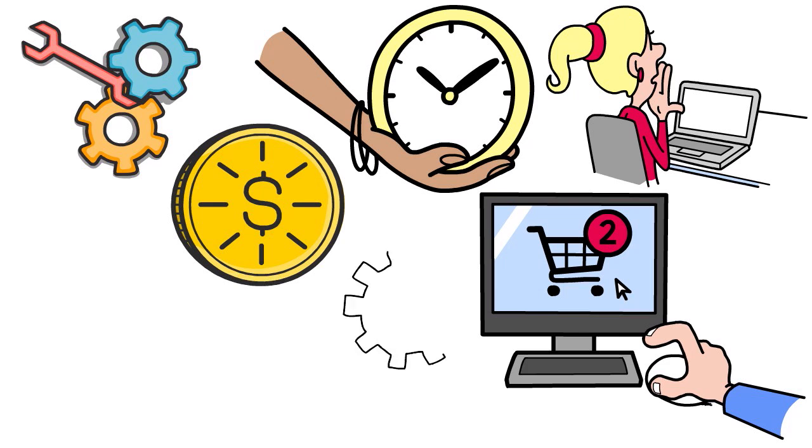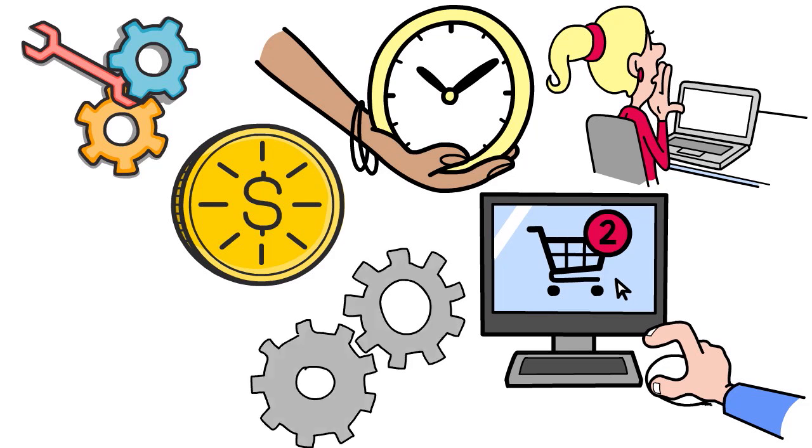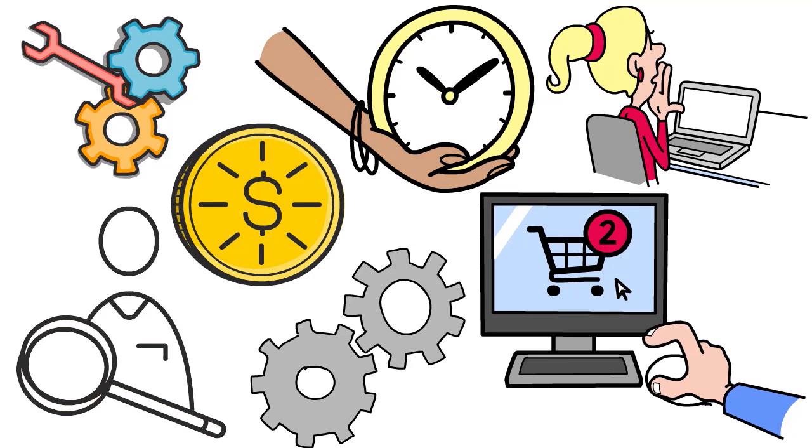PP Spy is a great tool regardless of the dropshipping niche that you're in. It does have some niche tools that are not available with the other product research tools. This includes one product store search and print on demand store search. That's what I said earlier, that print on demand is big when it comes to PP Spy.